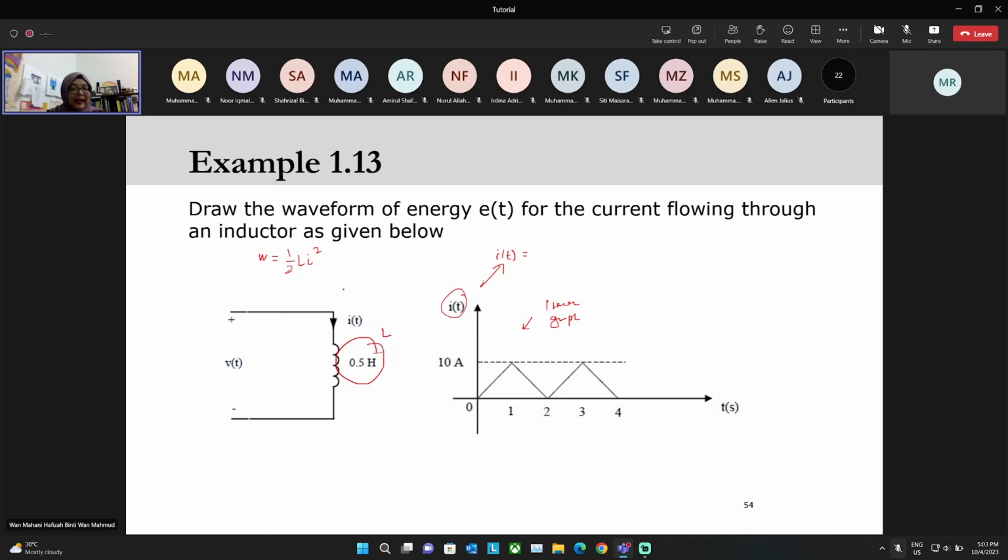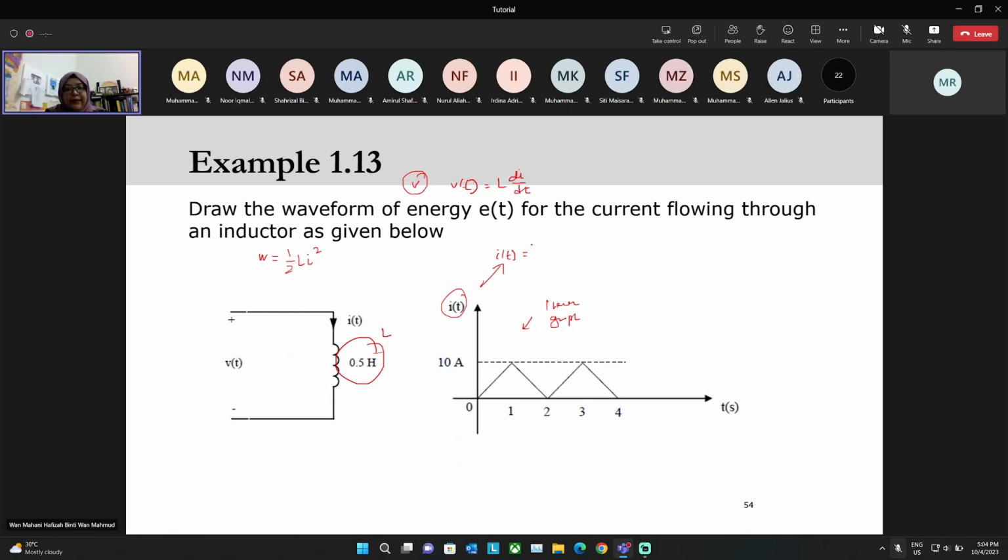Ataupun option lain lah, katakan soalan dia tak minta straight away energy, dia minta you cari V dulu. So kalau dia minta cari VT lah. Okay, equation untuk VT untuk inductor is V equals to L di dt.